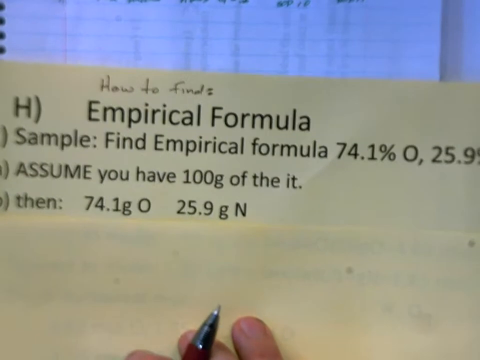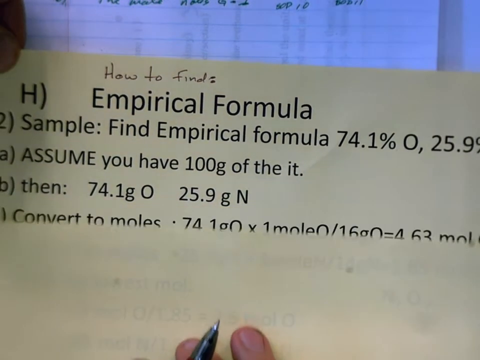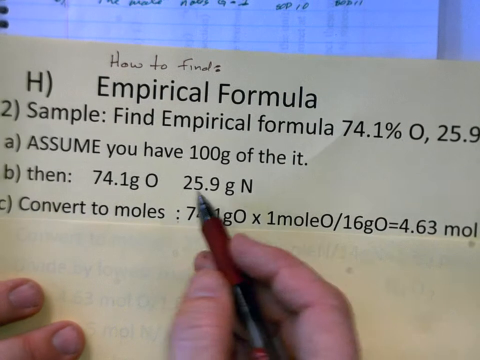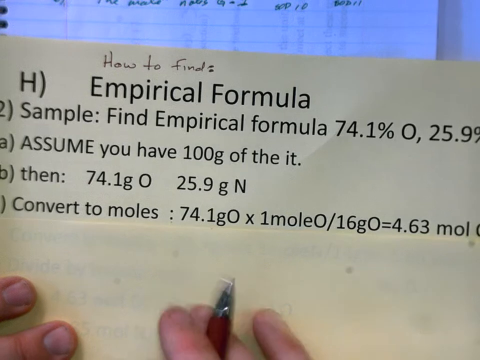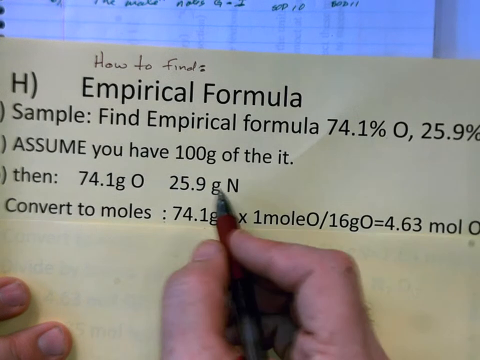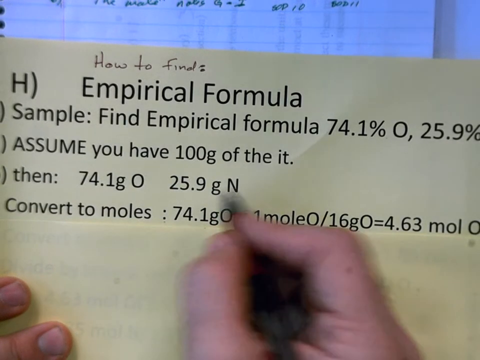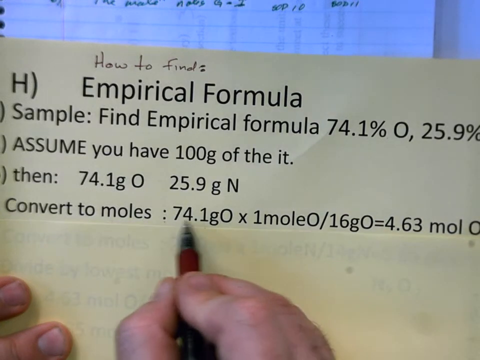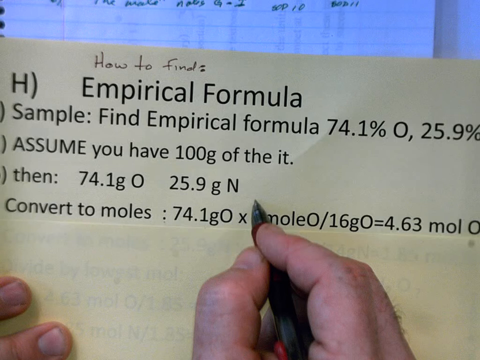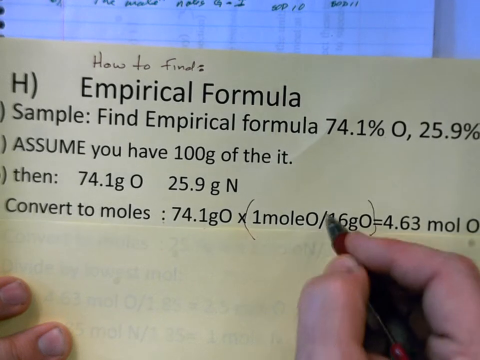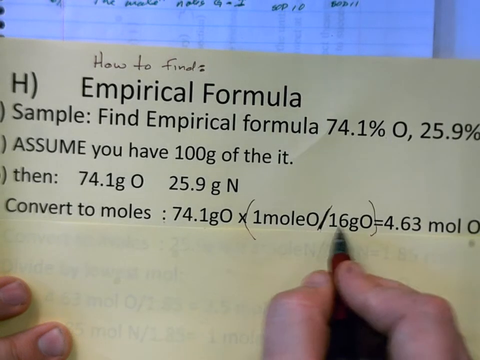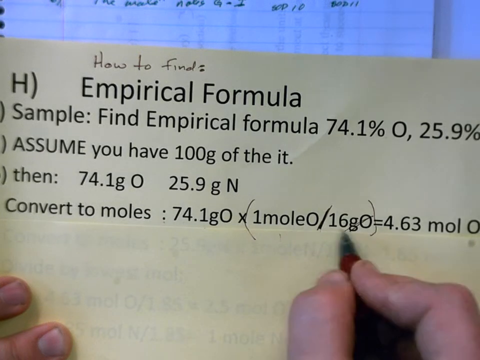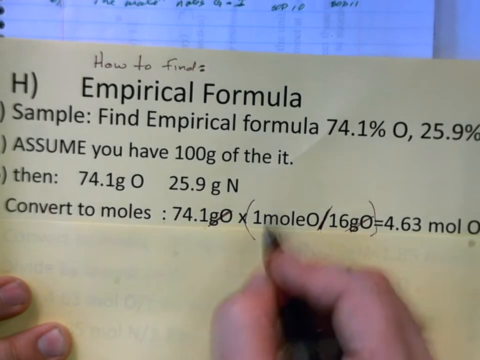Now the next step, we need to convert this into moles. I had a student ask me, in review for the stoichiometry, that they're not sure what to do to convert this into moles. Well, you have to start with your given. You've got 74.1 grams here, and now your conversion factor, this is the divide sign, you want to have the 16 grams down here in the denominator because you want that grams of oxygen to cancel, and we know that's 1 mole.